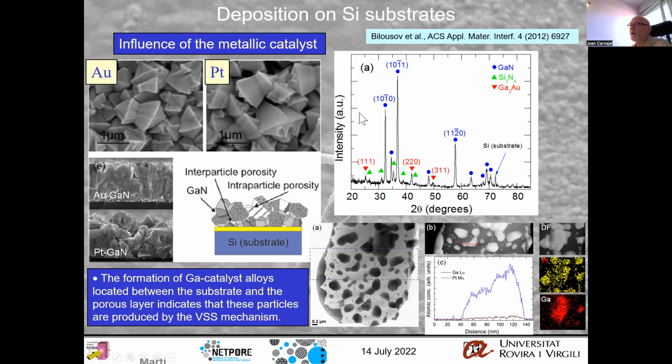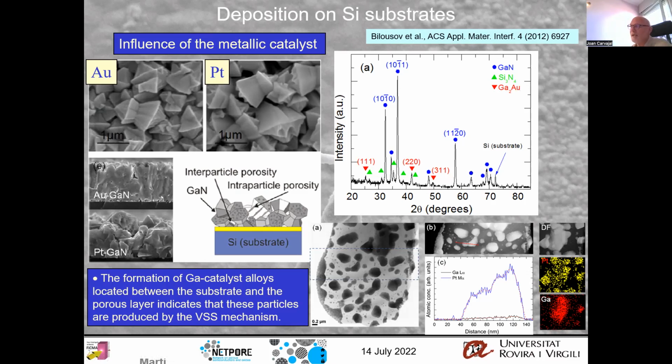But when we characterize them by X-ray diffraction, apart from gallium nitride, which was expected, and silicon nitride, because of the nitridation of the substrate that we are using, we also observed the formation of an alloy between gallium and gold, or gallium and platinum.